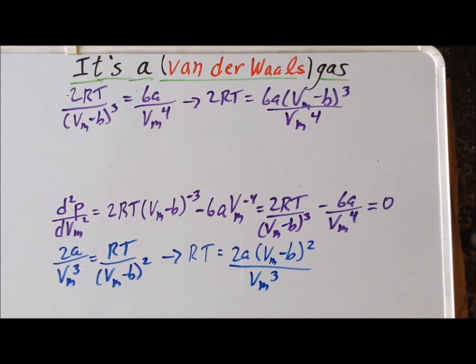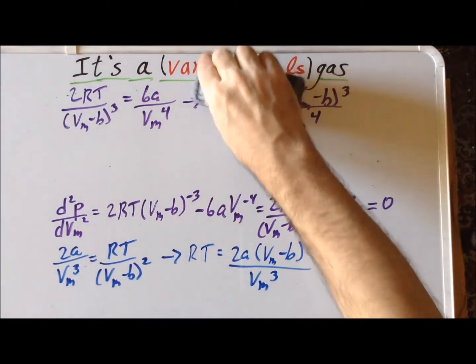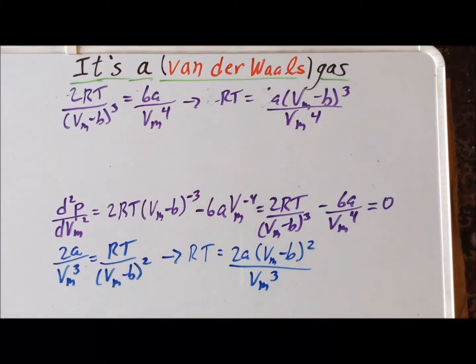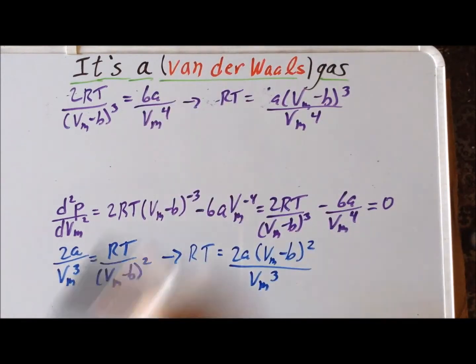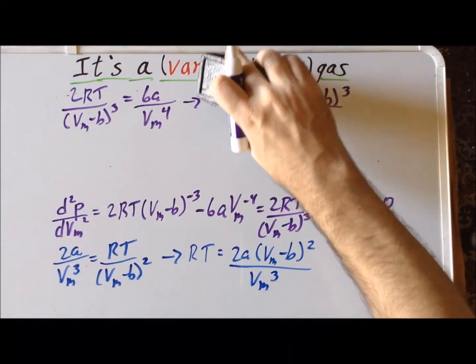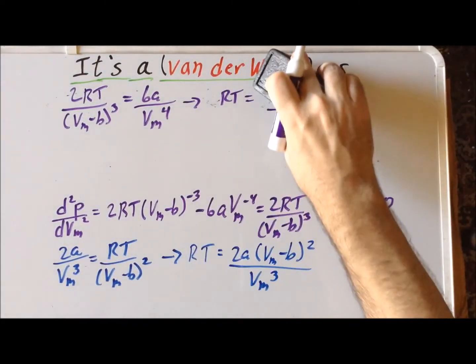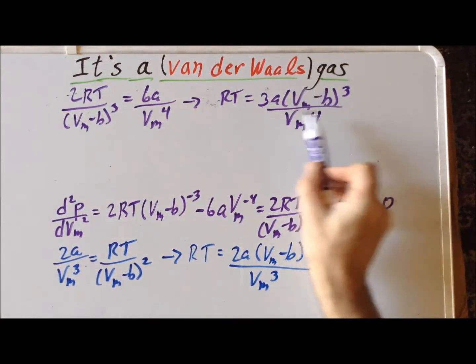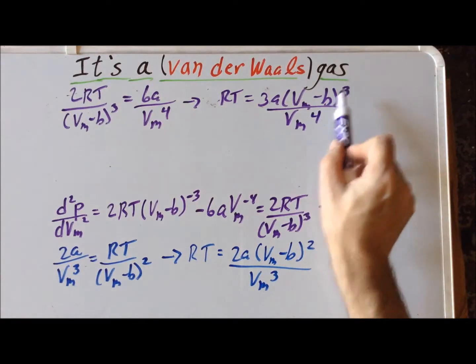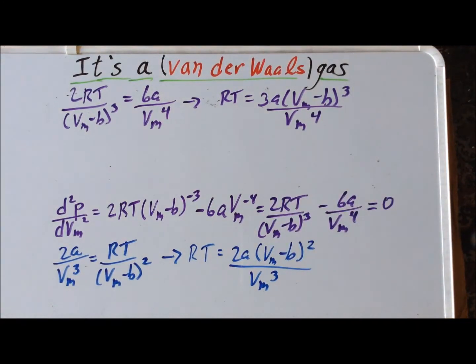And then we immediately recognize that we can divide through by 2, and we get that RT is equal to 3a times V sub m minus b cubed divided by the molar volume to the fourth power.